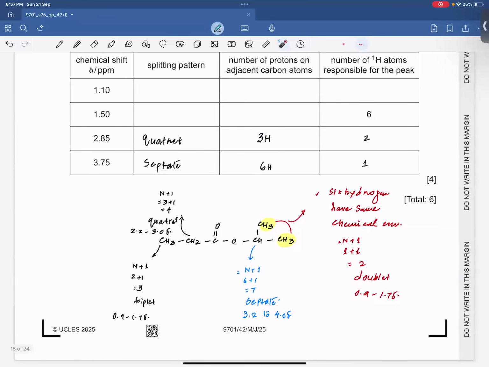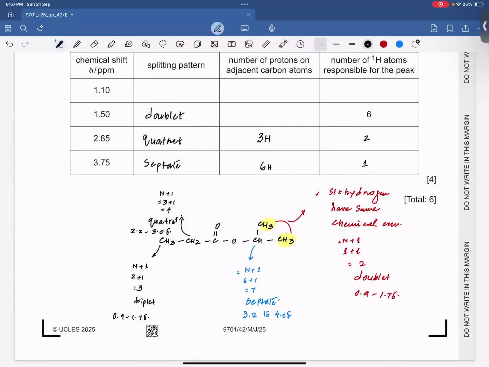1.5. I think 1.1, 1.5 is a doublet, because these 6 hydrogen atoms are indirectly attached to oxygen. So oxygen has more electronegative impact as compared to this carbon on these hydrogen atoms. Okay.